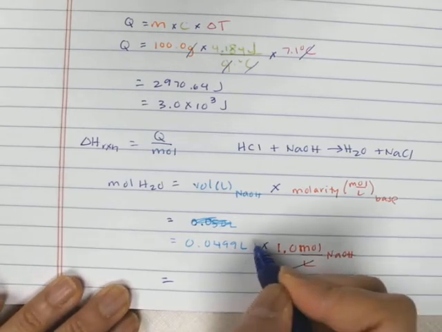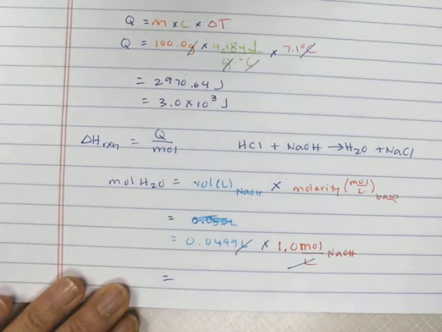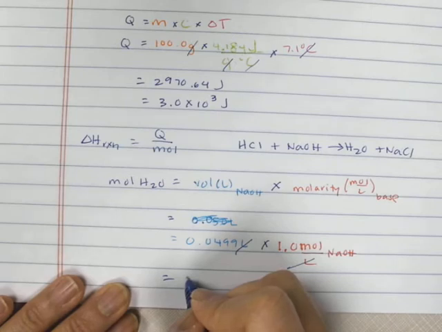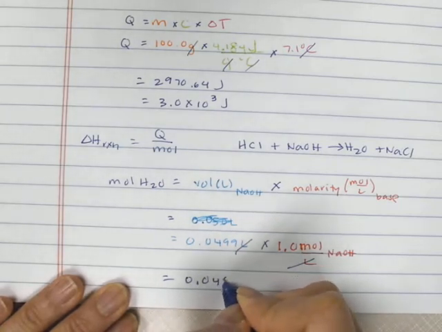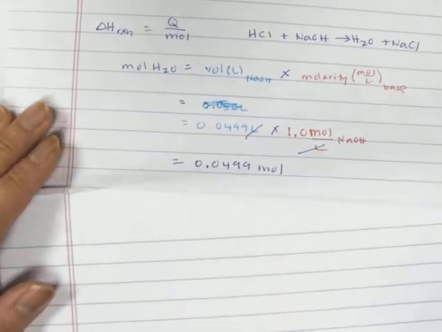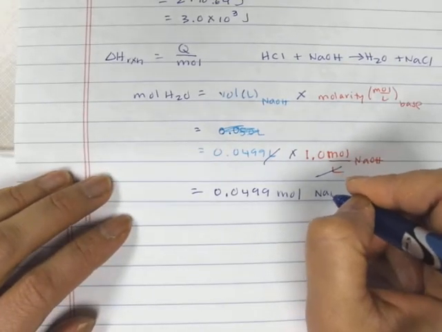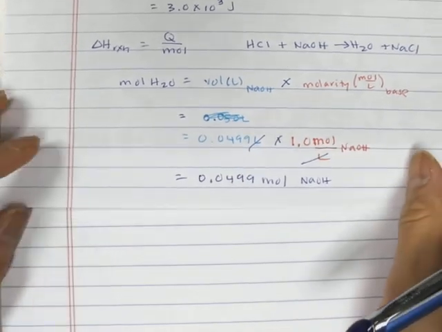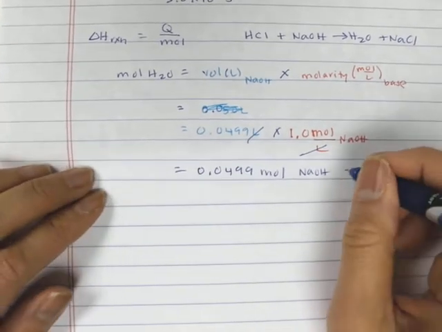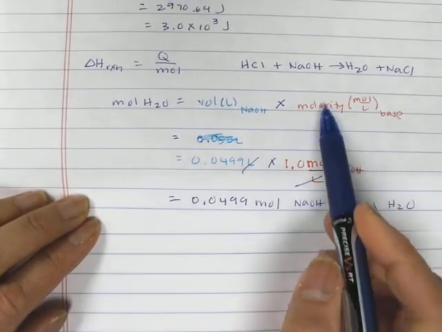So liters will cancel out, and then we get 0.0499 moles of NaOH, so that's how many moles of water we can make, because of the 1-to-1 ratio here.